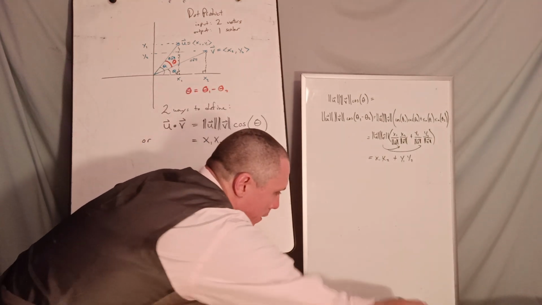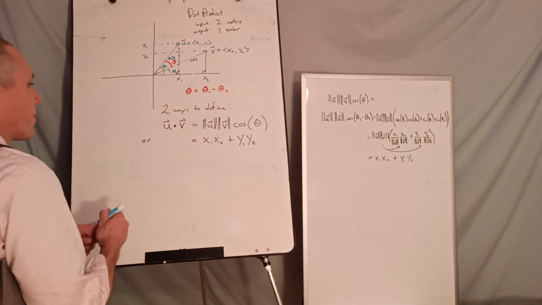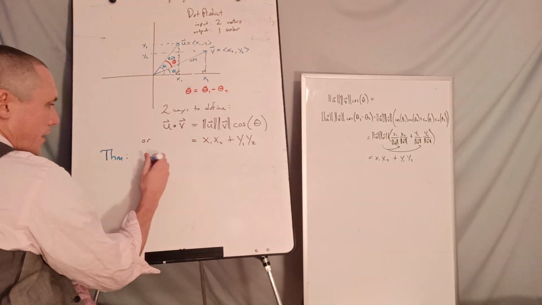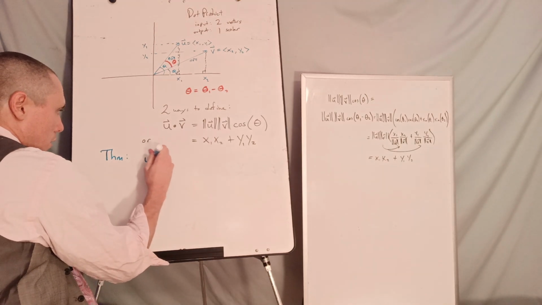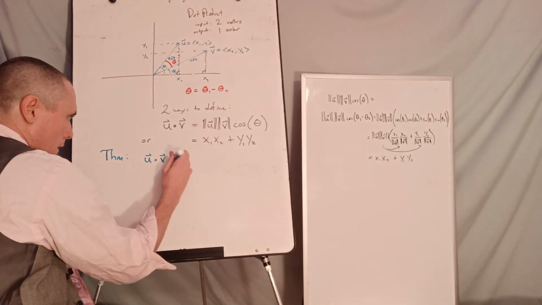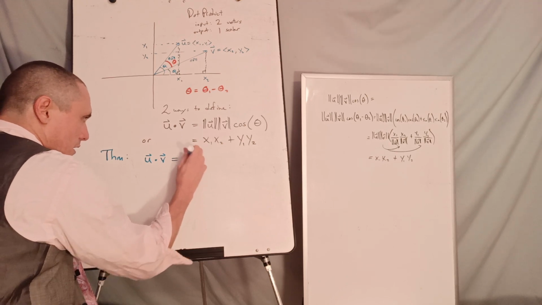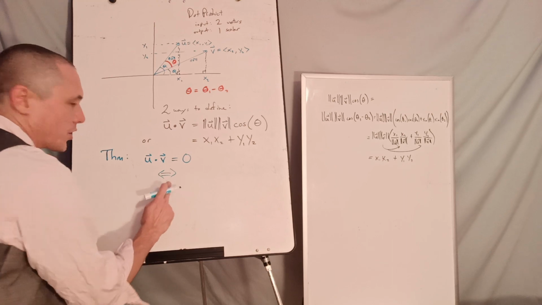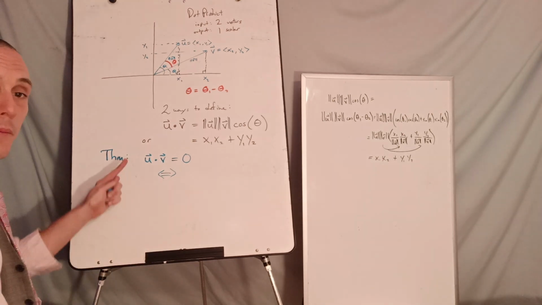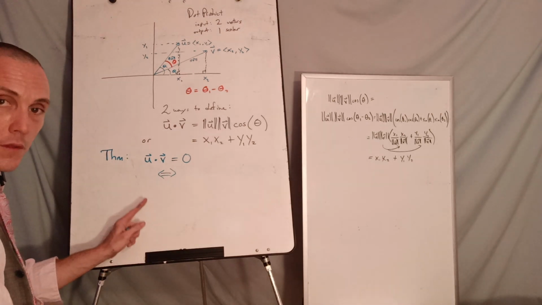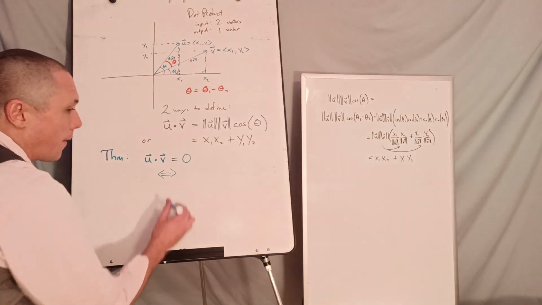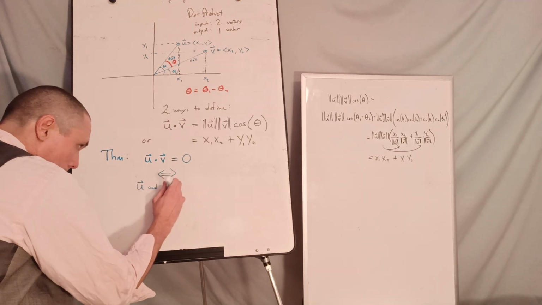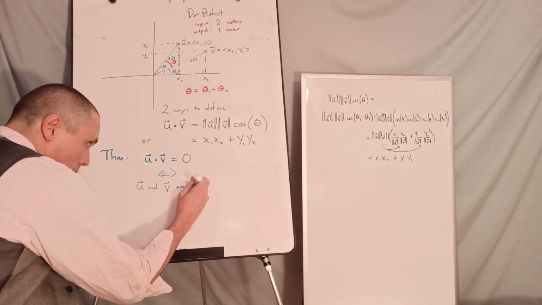Perhaps this could be a theorem or a lemma, but I'll write it as a theorem or something like that. Let's say that u dotted with v is equal to 0 if and only if, so this is a biconditional, right? It means that this one implies what I'm about to say and vice versa. U and v are orthogonal.